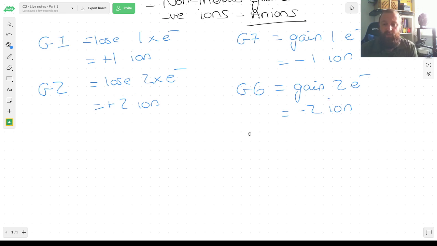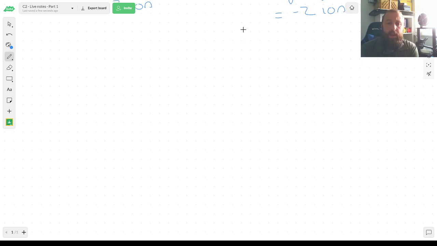So let's start off with a really simple one. Let's have a look at the reaction between sodium and chlorine gas. Now this is one we can do at school, and those of you in my class will see this at some point. You can get a gas jar, get some sodium, and heat it up so it's glowing.